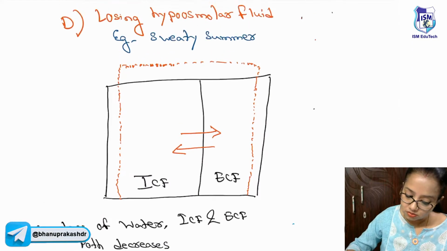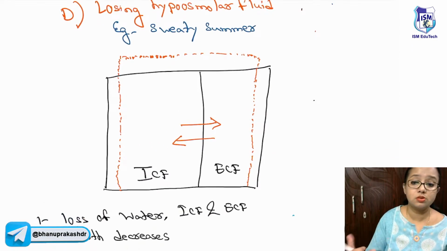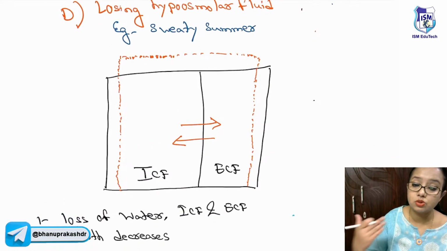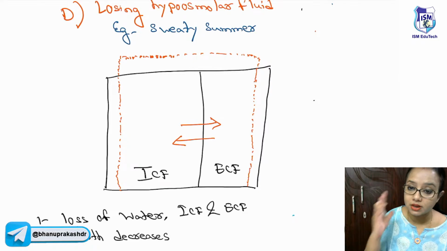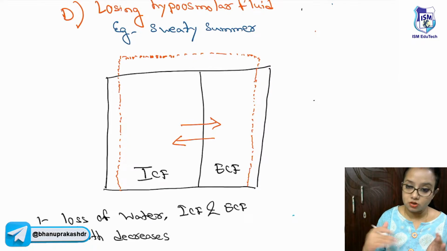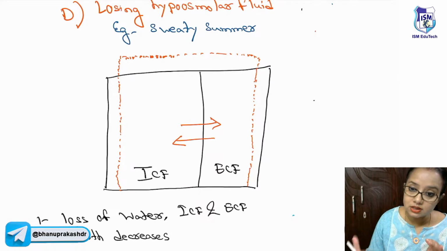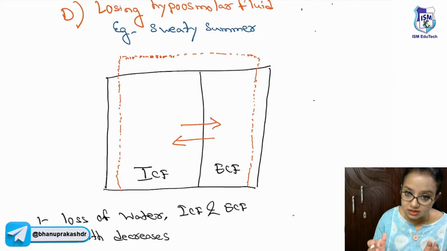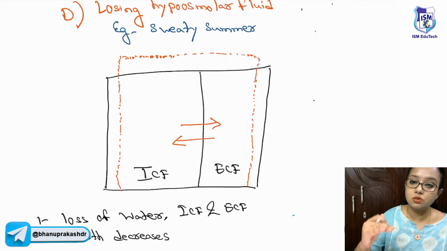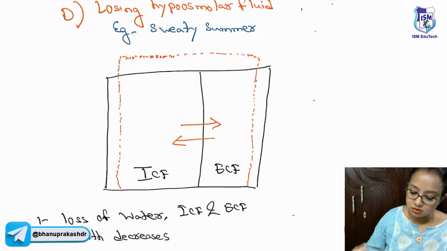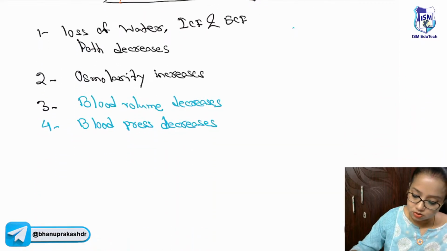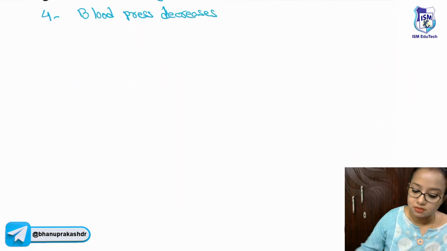I repeat, when there is a sweaty summer, we lose hypoosmotic fluid. What happens? Because in hypoosmotic loss of the fluid, as seen in the case of sweat, more water is lost compared to the salt. So the volume decreases, but the osmolarity increases in both the compartments. So blood volume decreases and blood pressure also decreases.